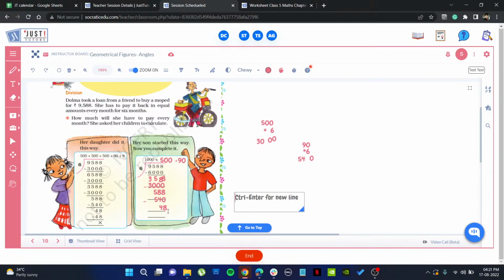Now we need to divide 48 by 6, which is pretty easy. So it means that we should multiply 6 by 8. So 6 times 8 gives us 48. So we'll be writing 48 here. 48 take away 48 gives us 0. So let's write down 0 here. So here we get 1000 add 500 add 90 add 8.